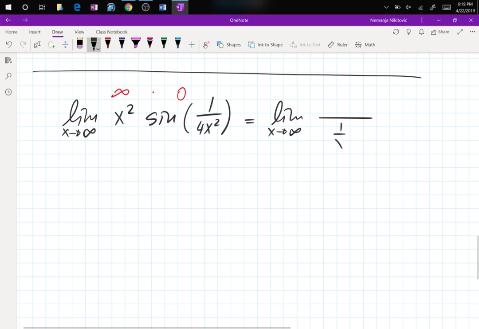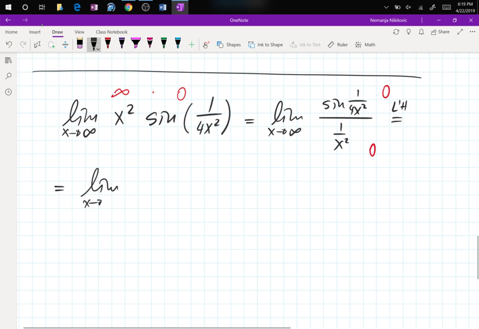So we get 1 over x squared. And we have our sine of 1 over 4x squared stay as is. So now when you plug in, you get 0 over 0. And this is a situation for L'Hopital. So what do I have?